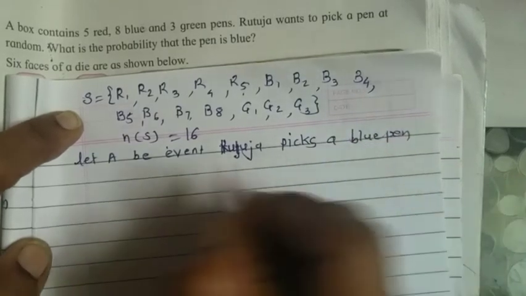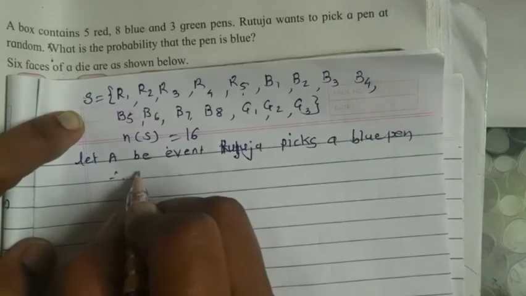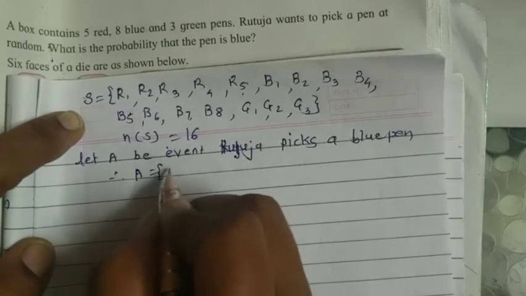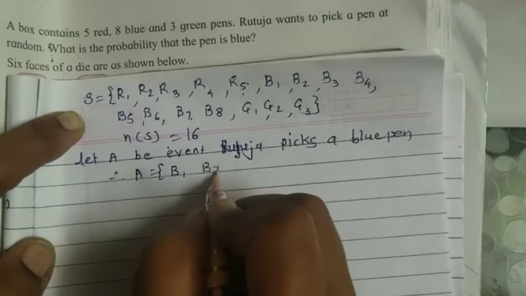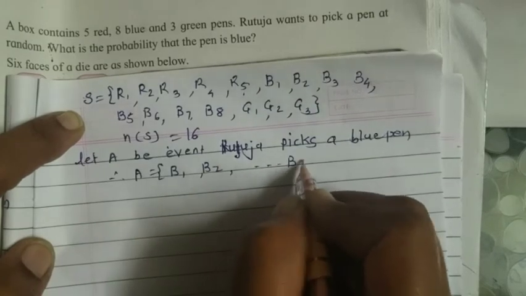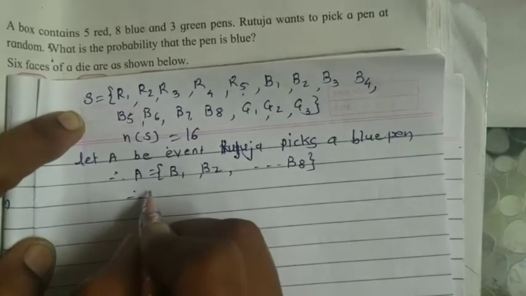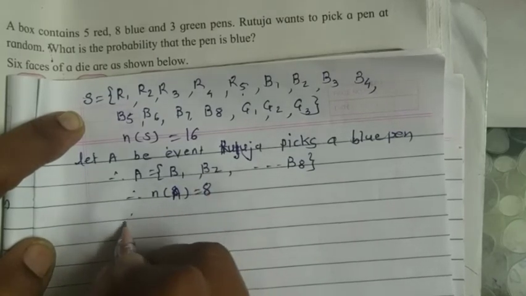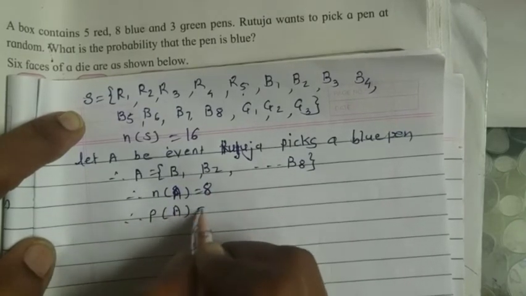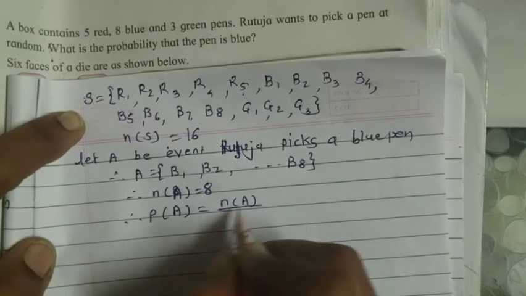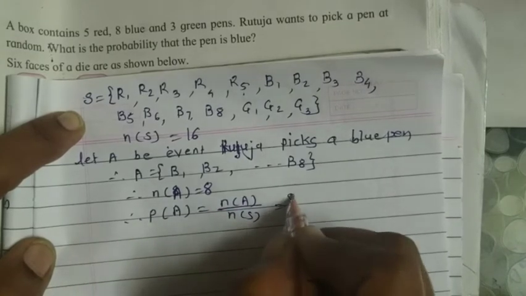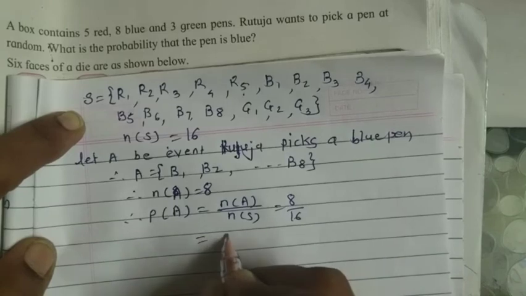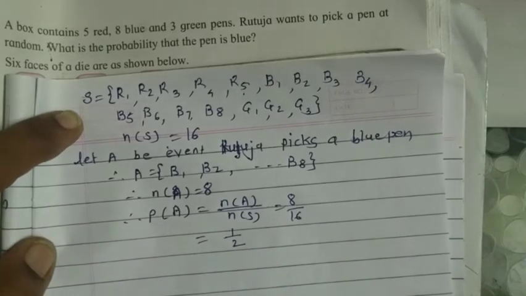Therefore, we write event A is equal to blue pen, meaning B1, B2 up to B8. Therefore, number of A is equal to 8. Probability of event A is equal to number of A upon number of S, that's equal to 8 upon 16, which means the answer is 1 upon 2.